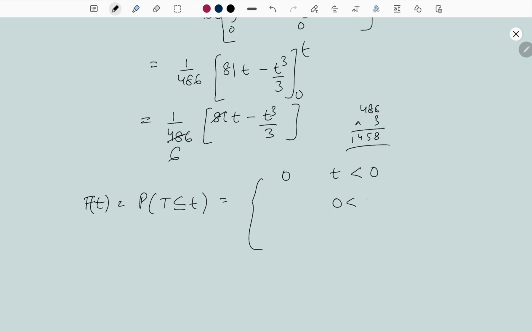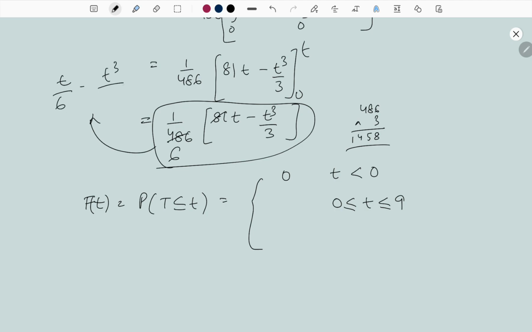For 0 to 9, we can rewrite this whole as t by 6 minus t cube by 1458, and 1 if t is greater than 9. This is the cumulative distribution. Simple. I hope you understand.